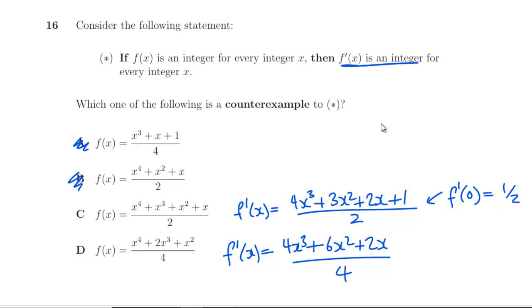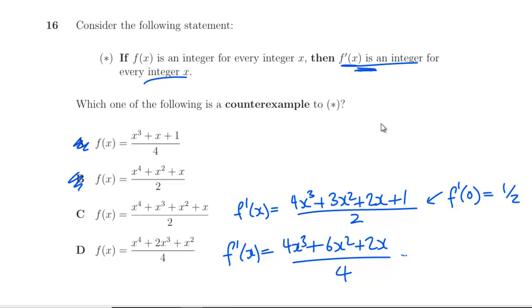So that would go against the second part of it, but how would we know? Because this one's going to work for D. If we put 0 in, we're fine. If we put 1 in, we're getting 12 over 4, which is fine. What if we put 3 in? That'd be 108, and then 54, and then 6, so 168, which also works. Right, maybe it is going to be C, but how do we know?